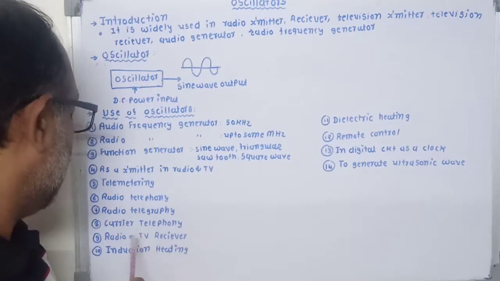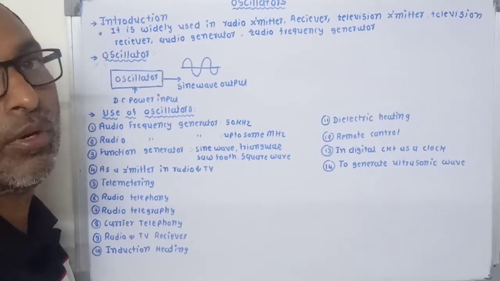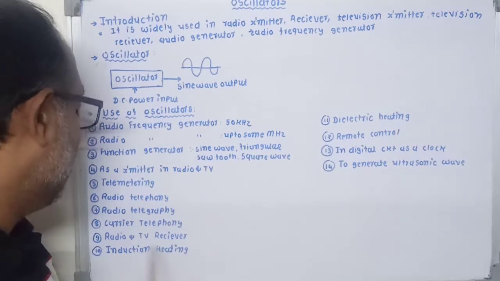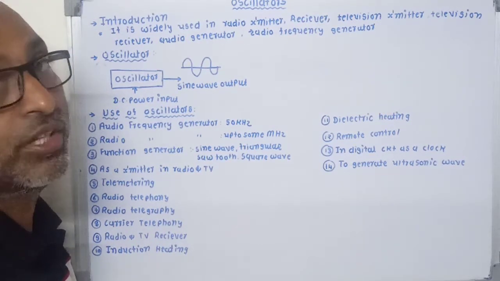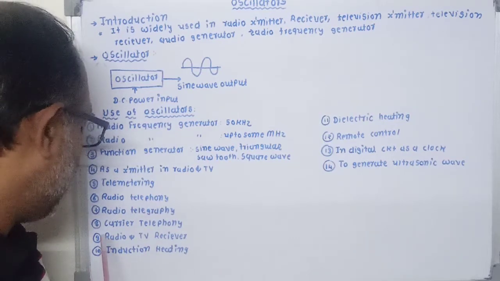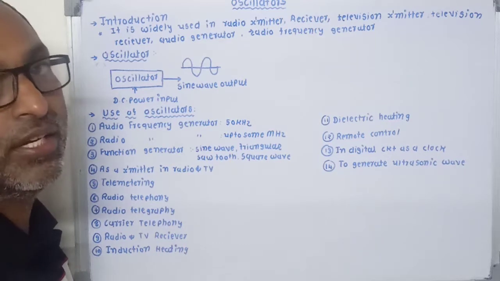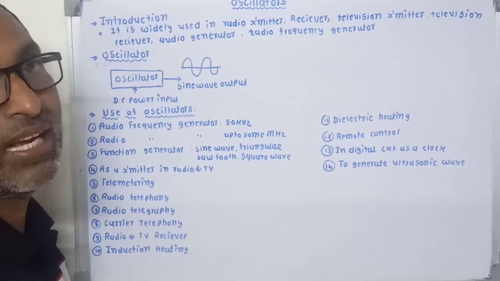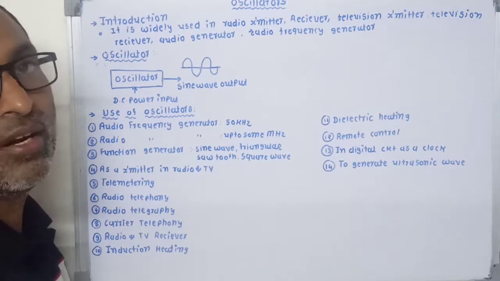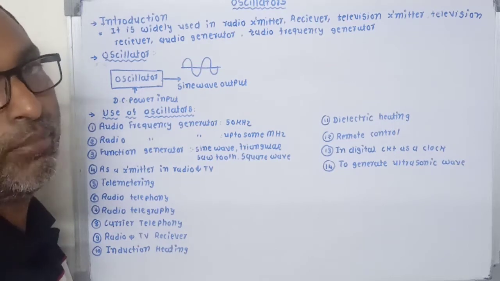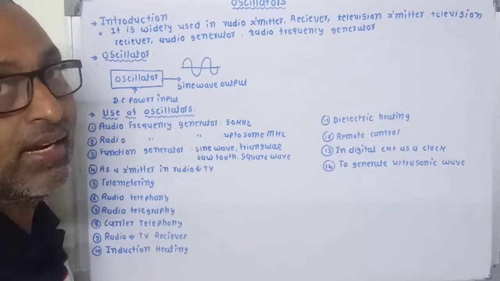Now next, ninth, radio and TV receiver. To receive the proper signal in a radio and TV receiver, an oscillator is required for the further process. Tenth, induction heating. The oscillators are used in industry to harden the outer surface of shafts and bearings, etc. It requires current at some kilohertz frequency, and for that power oscillators are used.